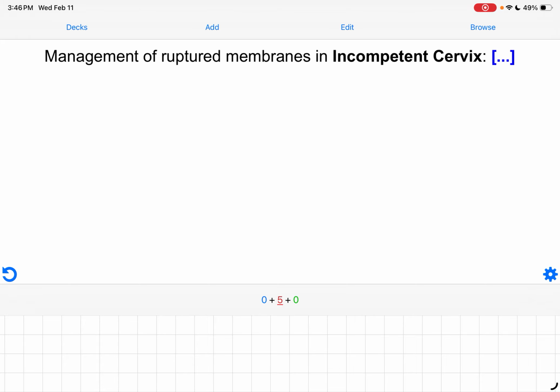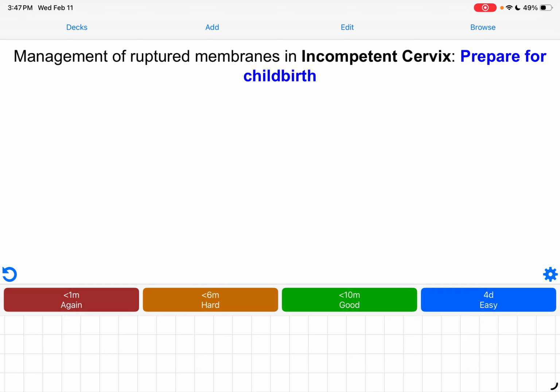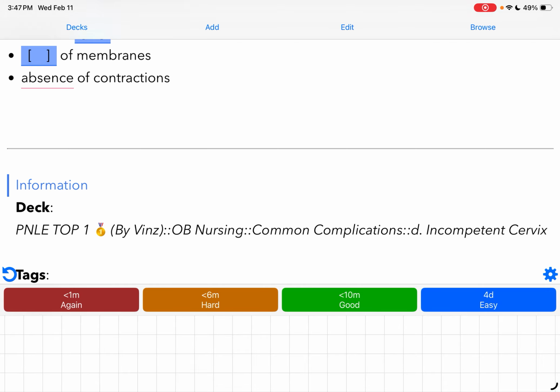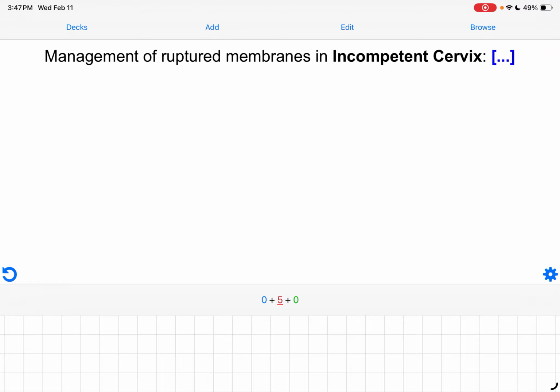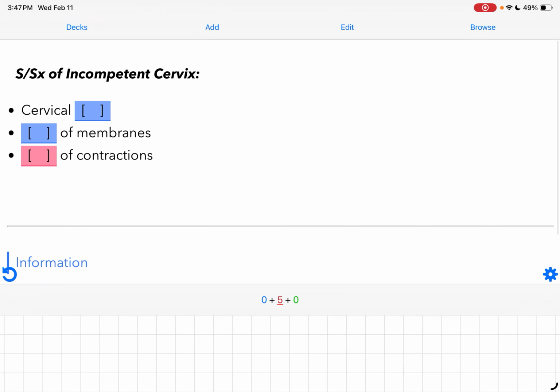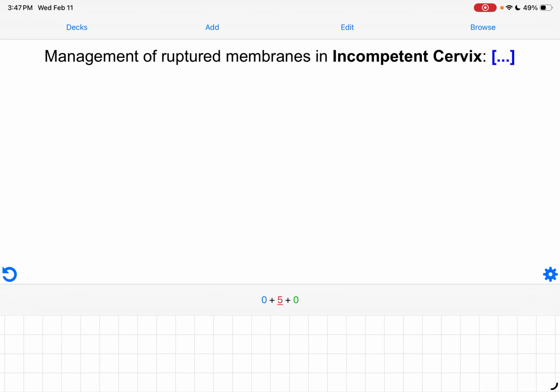So how do you manage ruptured membranes in incompetent cervix? You prepare for childbirth. Absence of contractions, prepare for childbirth.